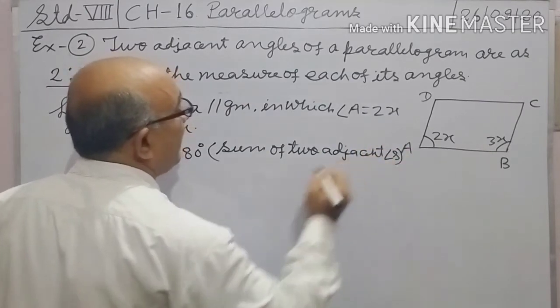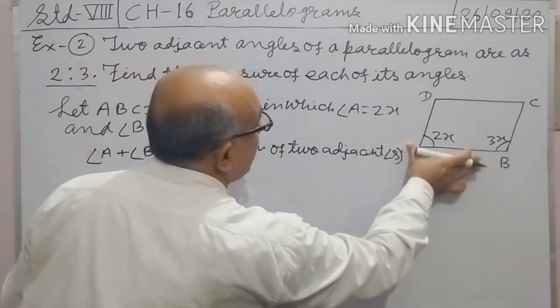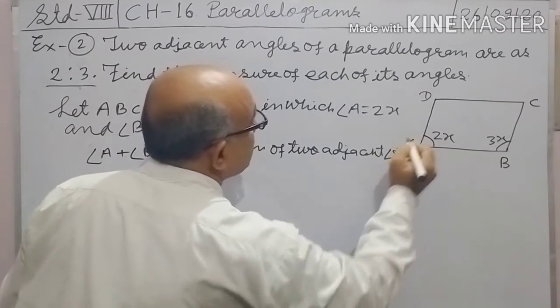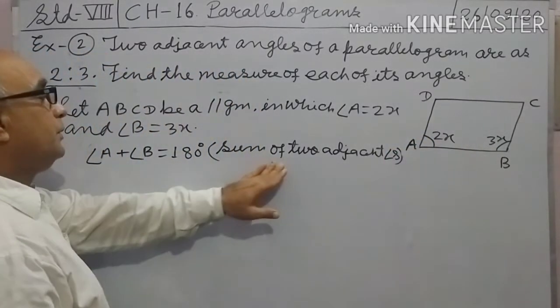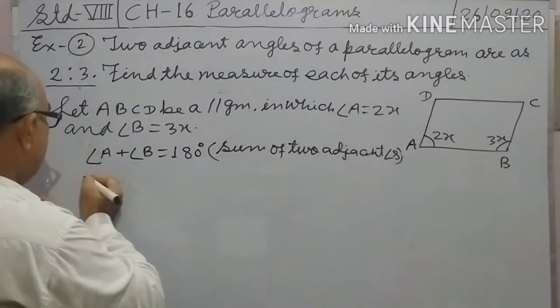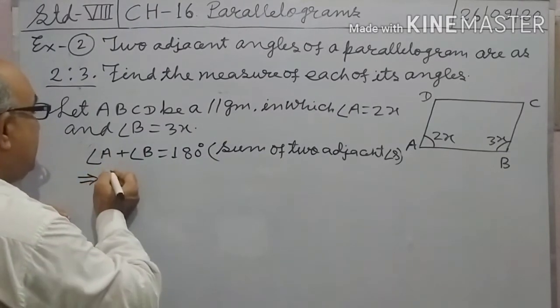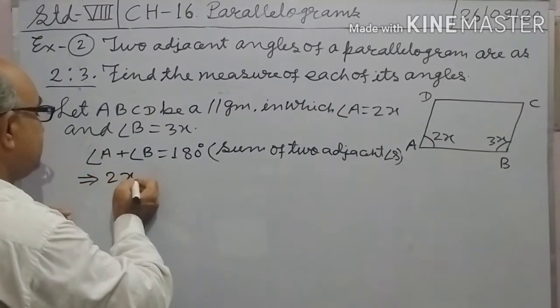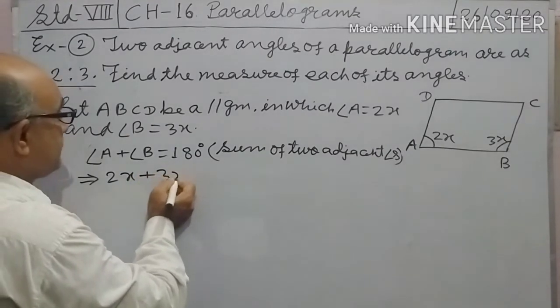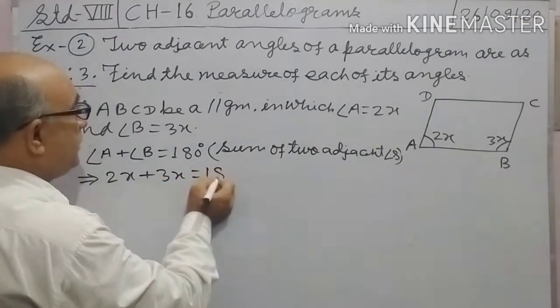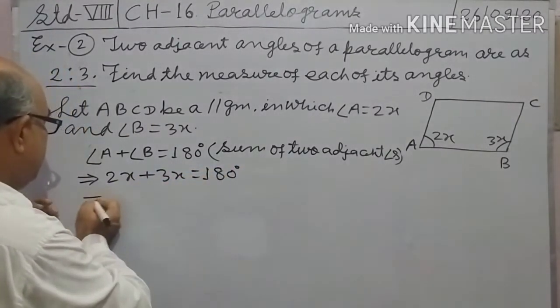That implies 2x plus 3x equal to 180 degree.